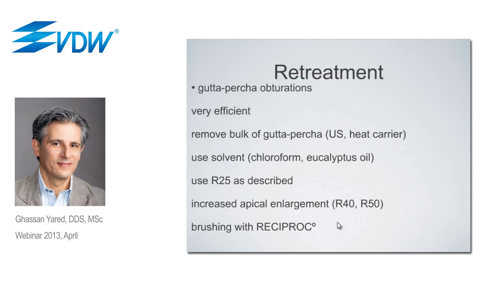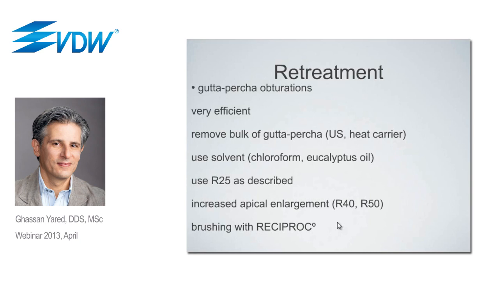be needed. Once the R25 has reached the working length, an increased apical enlargement is needed for retreatment cases. This can be done very easily with hand files or with the R40 or the R50 Reciproc instrument.